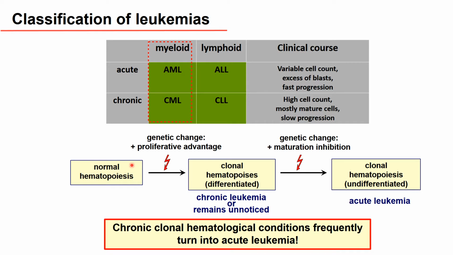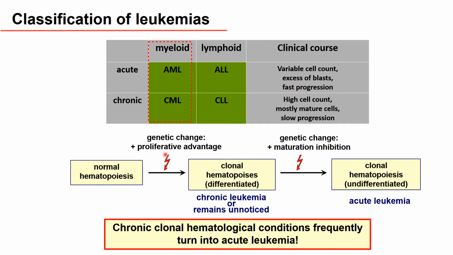Now, what will happen? Usually leukemia needs multiple transformations, multiple genetic changes, mutations. We have a normal hematopoiesis, for example, and then genetic changes occur.